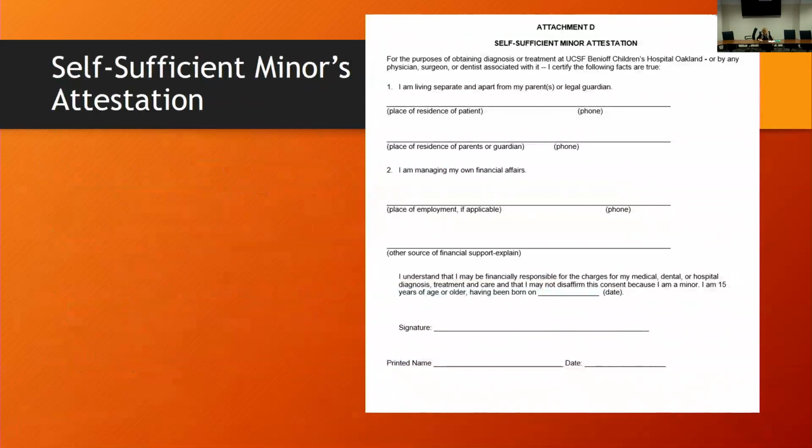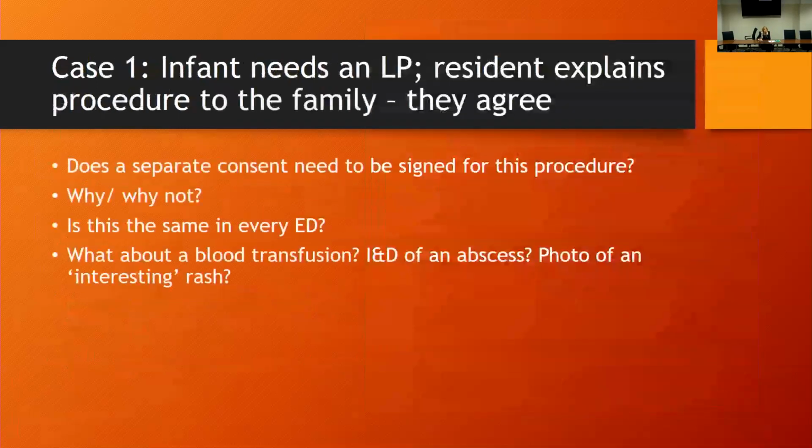So how do you prove it? You don't, right? It's an interesting thing. I use the example of a runaway, but they probably wouldn't admit to us they're a runaway, because then we call the social worker. But if they are actually living independent of their parents and couch surfing with friends, we sometimes see these kids.